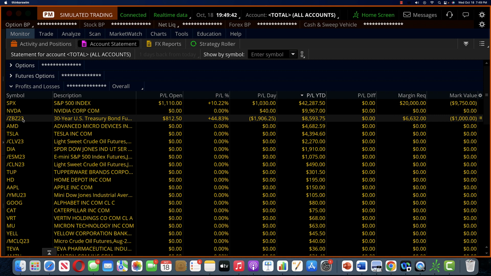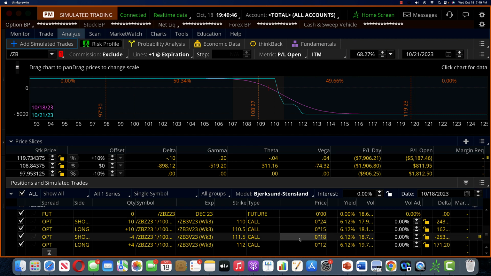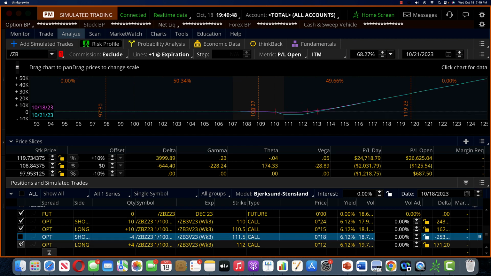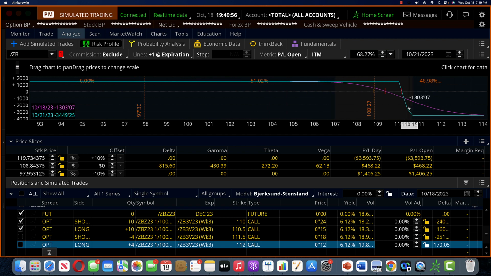We've been doing the same idea with /ZB, and at any point in time, I'm risking $1,000, which is like 1% of this entire account, right? On the sim trader account, it's about 1%. So I'm risking 1.